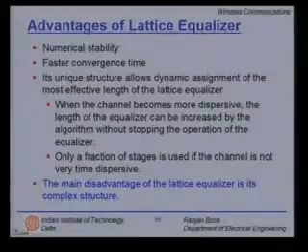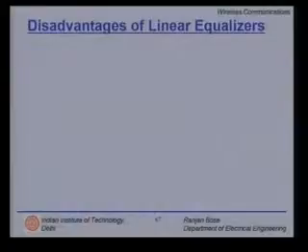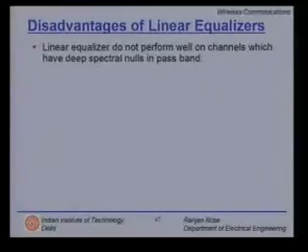But this is again a good linear equalizer that is used. But in general, linear equalizers have certain disadvantages. What are these? The linear equalizers do not perform well on channels which have deep spectral nulls in the passband. After all, what is an equalizer doing?